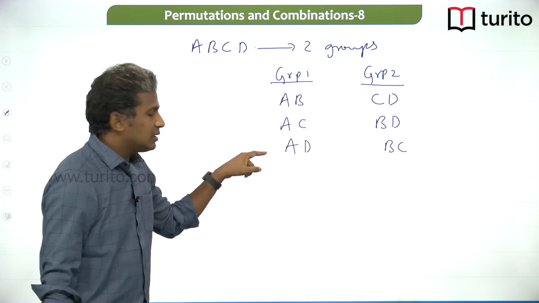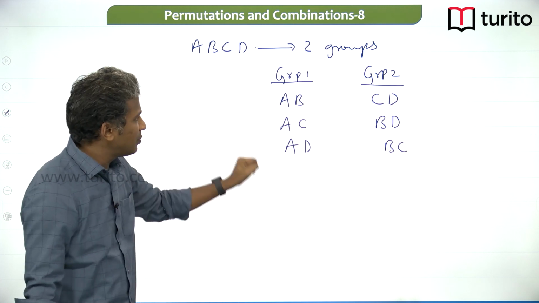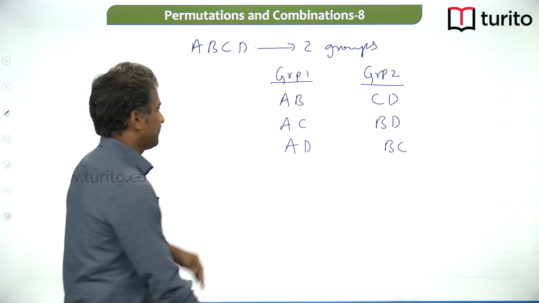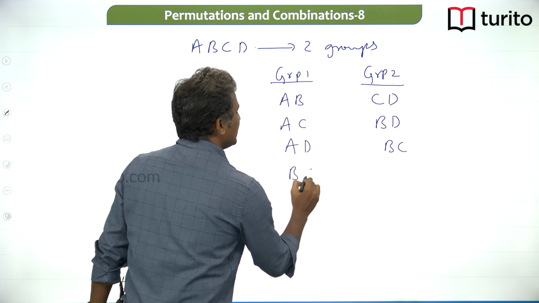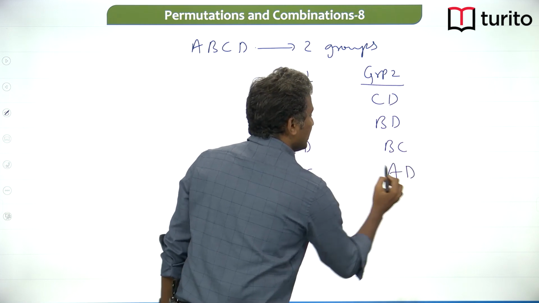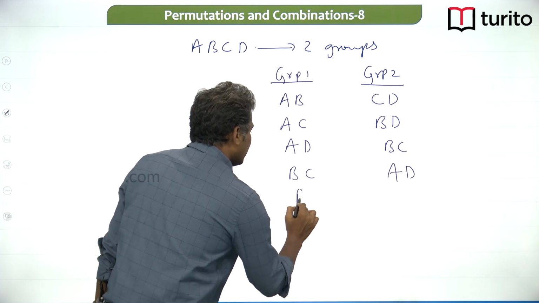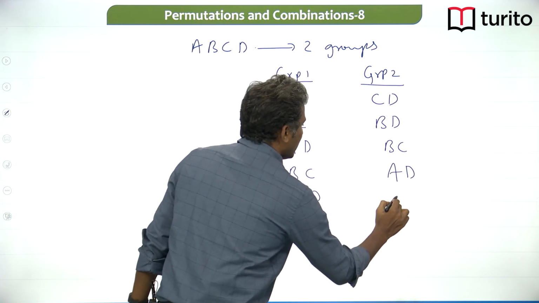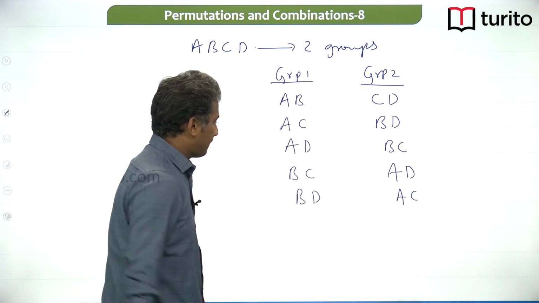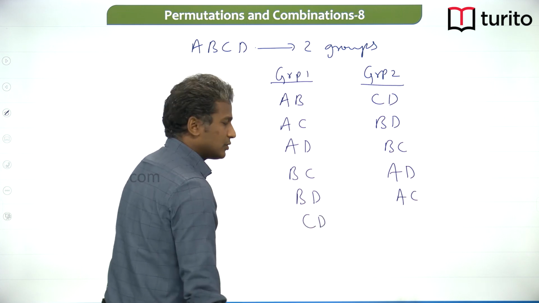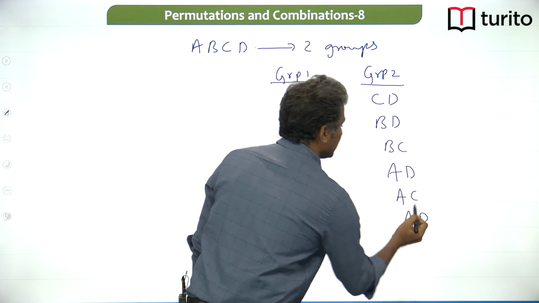Now, again here I keep changing the first group, based on this I am writing the second group. Okay. So, suppose let us say I take BC here, this will be having AD, and if B and D are here there will be A and C. If C and D are in the first group, AB will be in the second group.